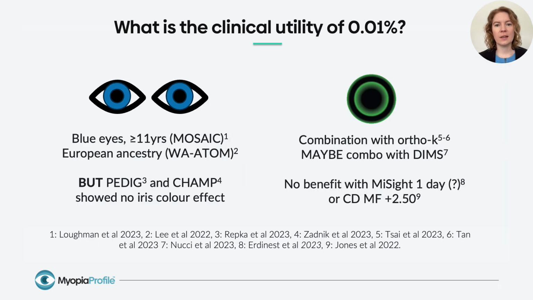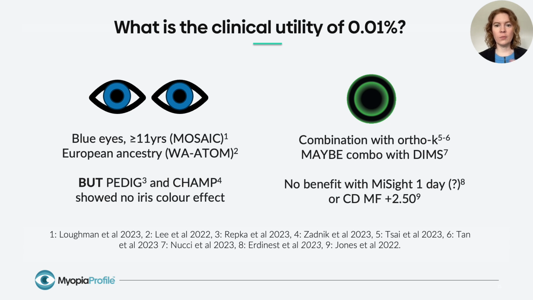And this tells us that the clinical utility of 0.01% might be for kids with blue eyes, of white or European ethnicity, maybe for older children as well, although it's important to note that two other large-scale atropine studies, which were undertaken in North America, the PEDIG and the CHAMP study, found no influence of iris colour on the myopia control effect.